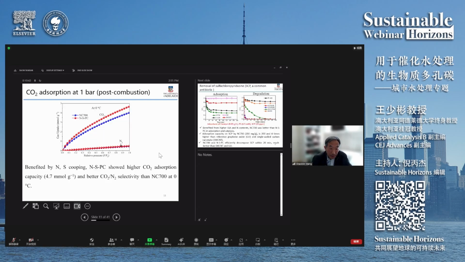And then we can look at the absorption capacity. First, we look at the carbon dioxide absorption and also the nitrogen absorption. For the nitrogen absorption, generally it is low, which means that for such carbon materials, we can use them as adsorbents to separate carbon dioxide and nitrogen.